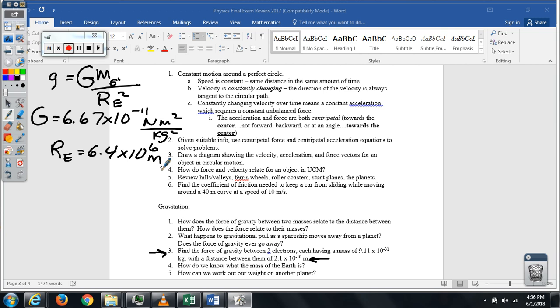And you can solve this for the mass of the Earth, and you would find that the mass of the Earth is about 6 times 10 to the 24 kilograms. So that's how we know the mass of the Earth.